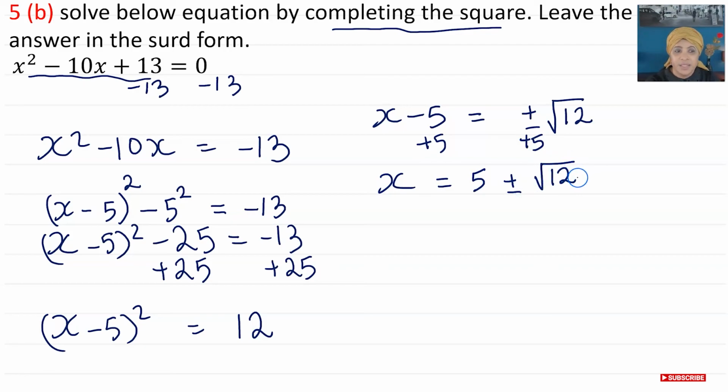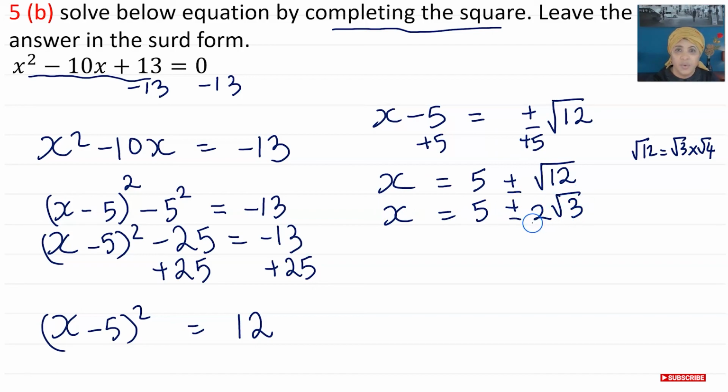But we can simplify this. The square root of 12 is the same as square root of 3 times square root of 4. We know square root of 4 is 2, so square root of 12 can be written as 5 plus or minus 2 root 3.